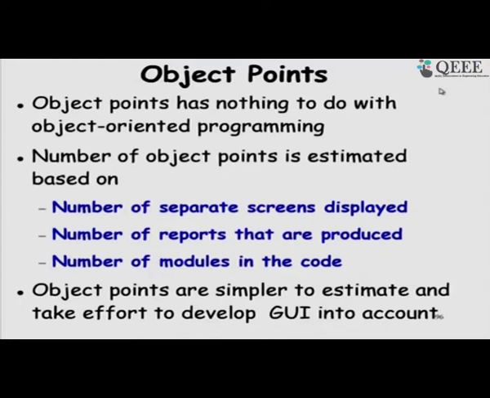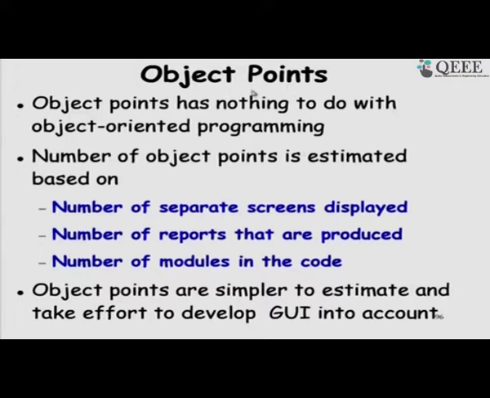For size estimation, there are other ways of estimating. One is called the object point. This is even much simpler than a function point. The object point is usable even when we do not know all the functions, when we want to get a first-hand estimate, and we will see that COCOMO 2 uses it as an initial estimate.